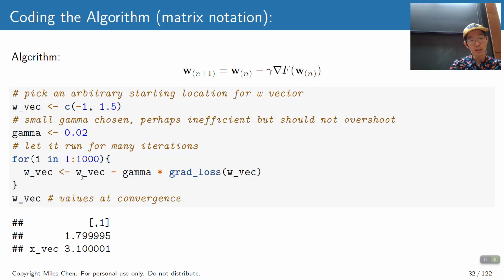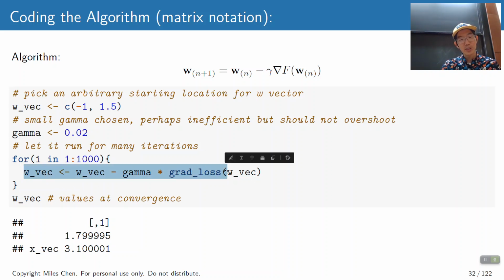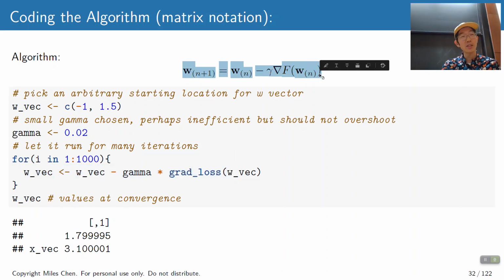So all we do is we take our current location, our w vector, which currently starts off at -1, 1.5, and I'm going to subtract off gamma 0.02 times the gradient calculated at our current location w.